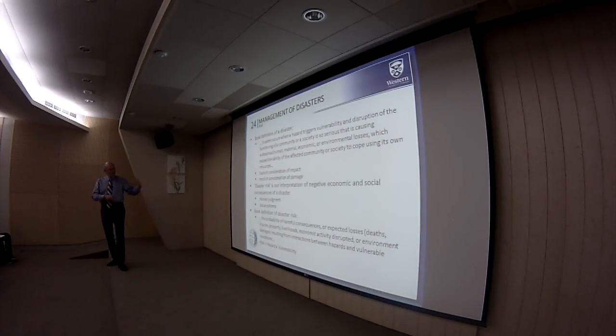Therefore, disaster risk is usually our interpretation of the negative economic and social consequences. And because it's our interpretation, it's automatically subject to our judgment and value systems. And that is, I think, providing a little bit stronger support for my idea that we should focus on these as social systems when we are trying to deal with them.